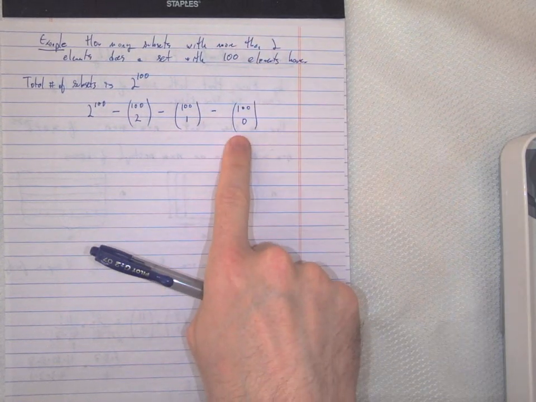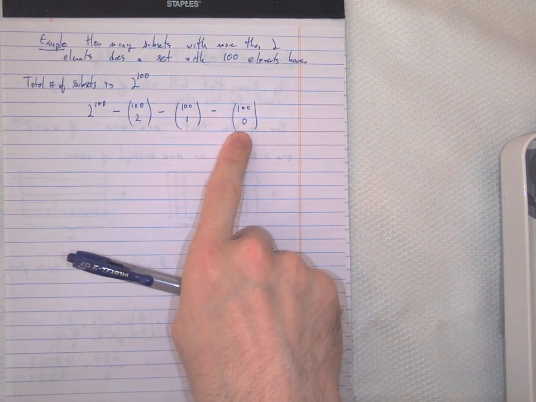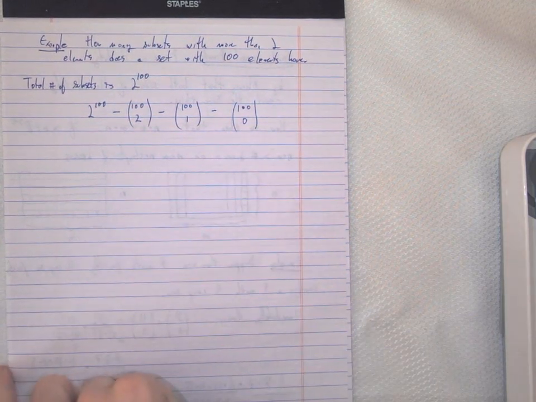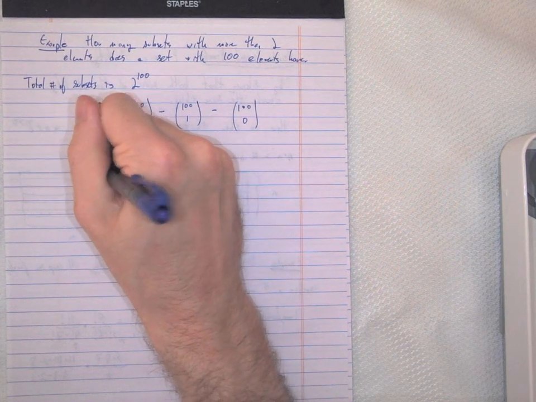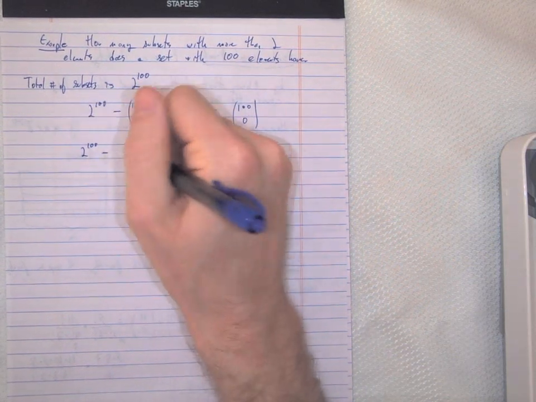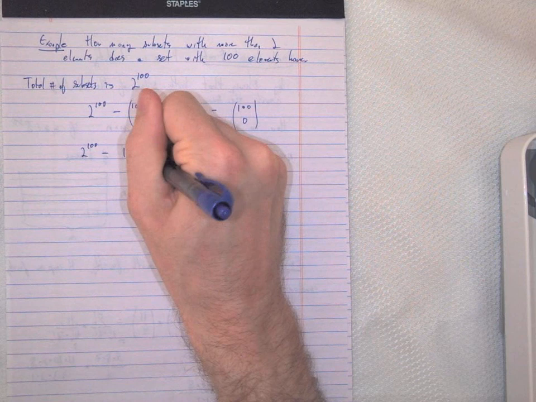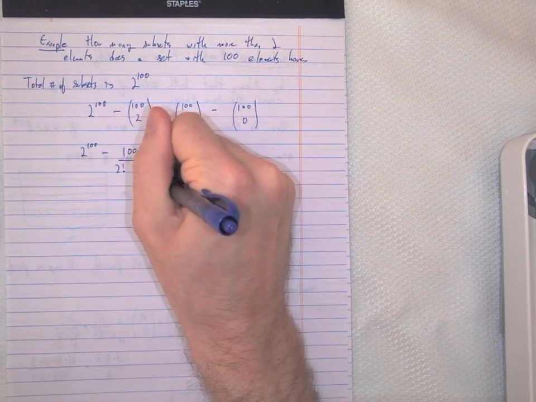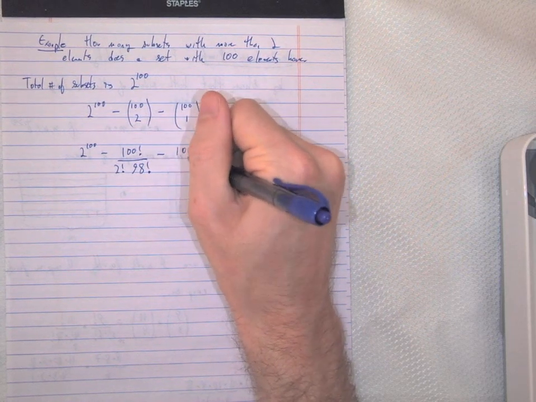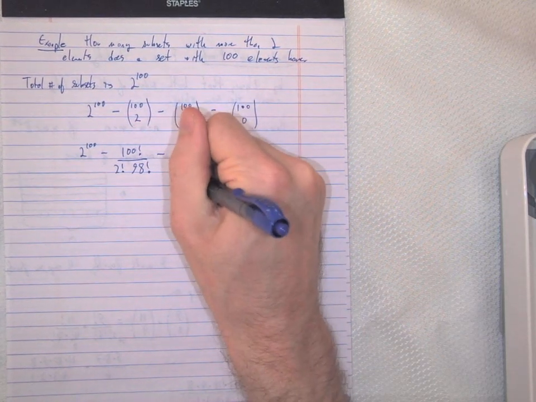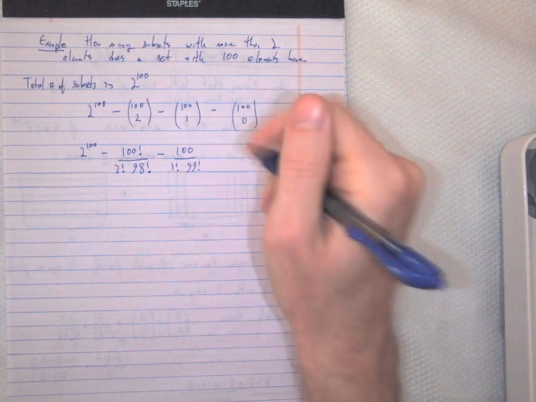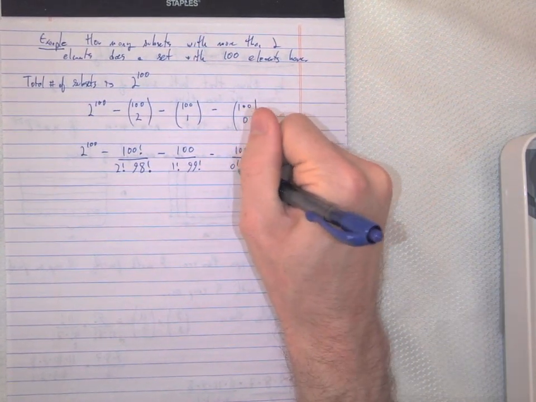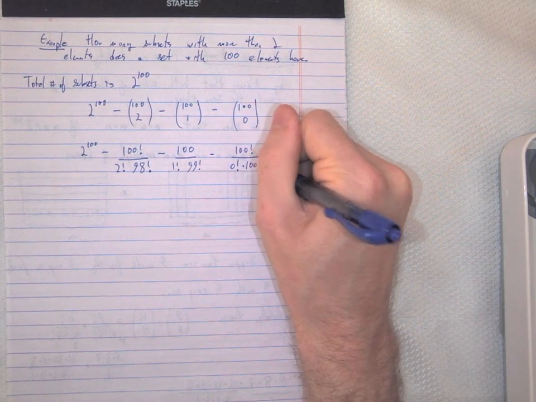This is precisely the number of subsets of 100 with 0 elements. Okay, and so we can write this out a little more explicitly. 2 to the 100 minus 100 factorial over 2 factorial times 98 factorial, minus 100 factorial over 1 factorial times 99 factorial, and then minus 100 factorial over 0 factorial times 100 factorial.